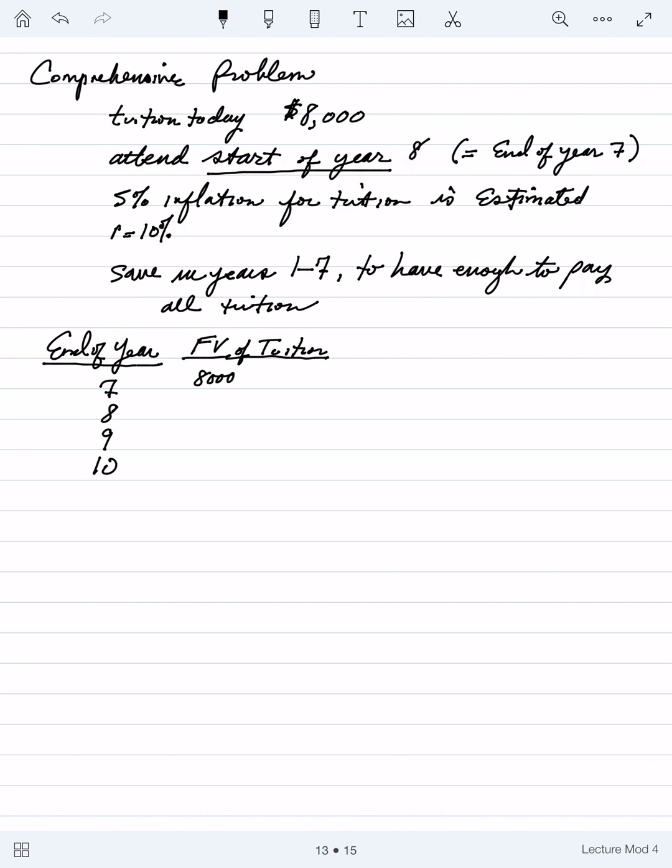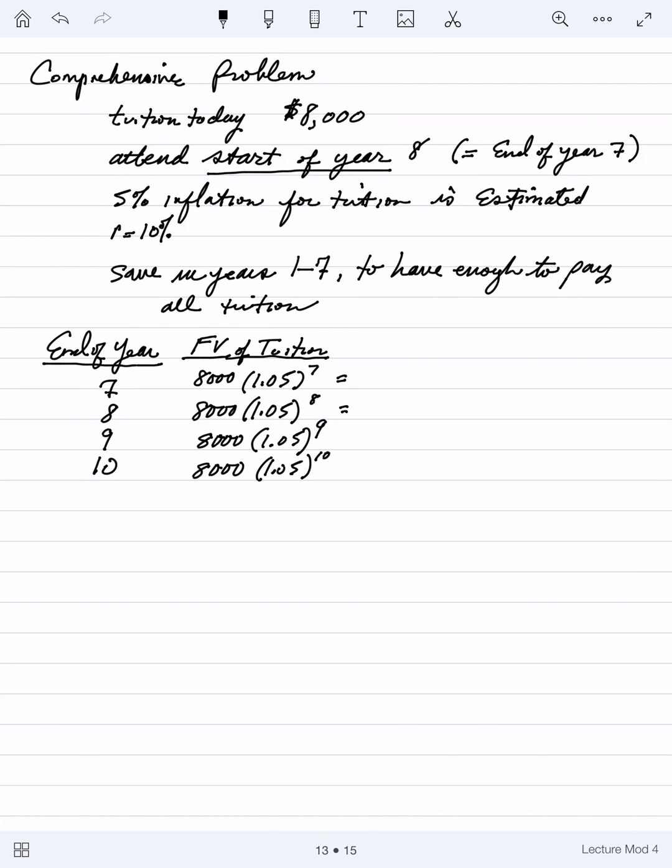You can see the future value of the tuition is running 8,000 now times 1.05 to the 7th, right? 8,000 times 1.05 to the 8th. Just do that right down through a spreadsheet. See how we're inflating it, right?